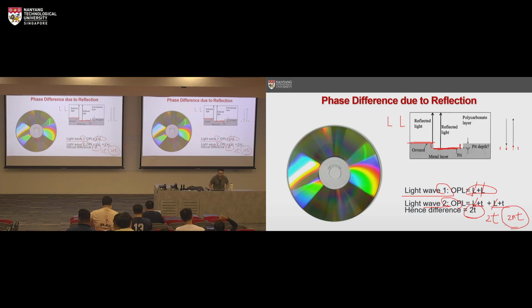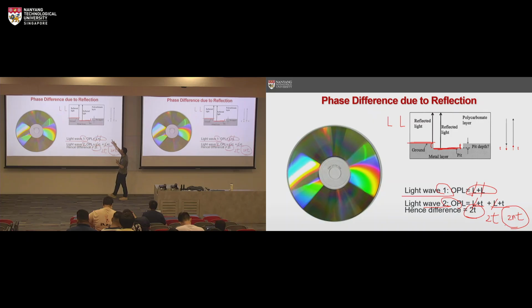Okay, so even though this question looks a bit different from the multi-layer question, you still have to understand that interference must result between two waves. So you need to find where are the two reflections.